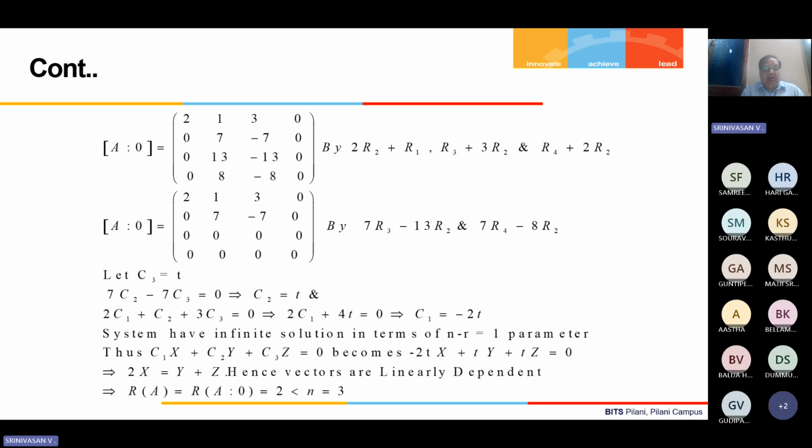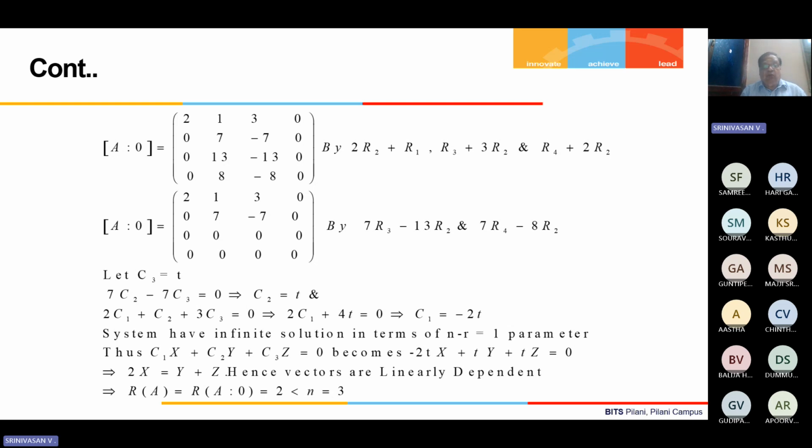You may ask one question. Supposing you don't go to this one, by just getting the values of C1, C2, C3, you must be in a position to say whether they are linearly independent or linearly dependent. Suppose t is equal to 0, C3 equal to 0, C2 equal to 0, C1 equal to 0. Only when t equal to 0, isn't it? Suppose t is any scalar.